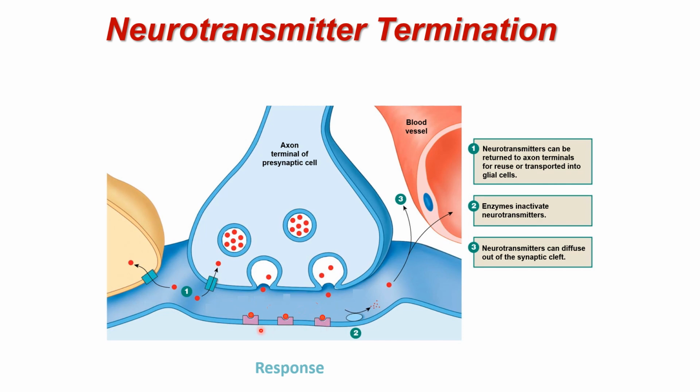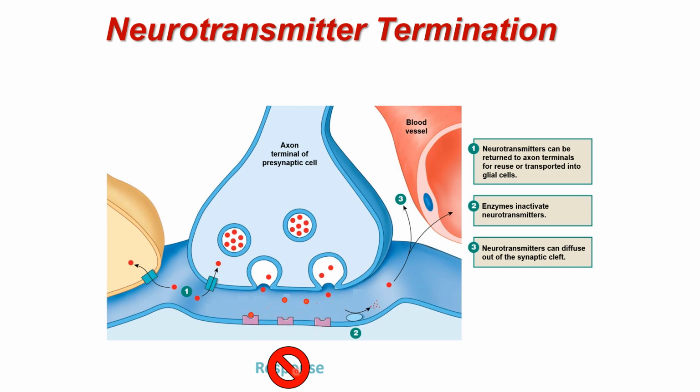So as long as we have neurotransmitter bound, we're going to have response. But as we diminish the concentration of neurotransmitter, less and less of these receptors are bound, which means less and less response. The lower the concentration of neurotransmitter, the weaker the response is.